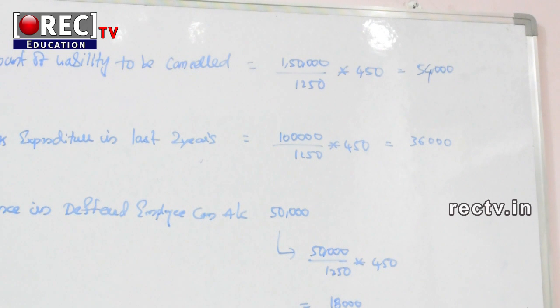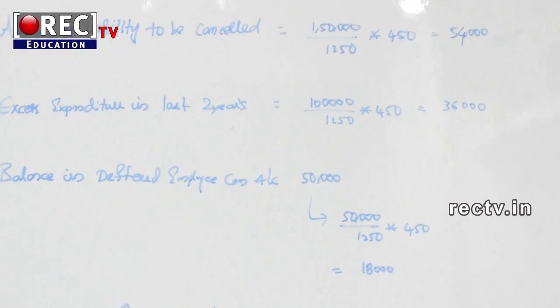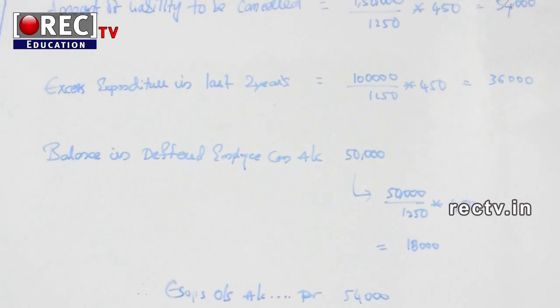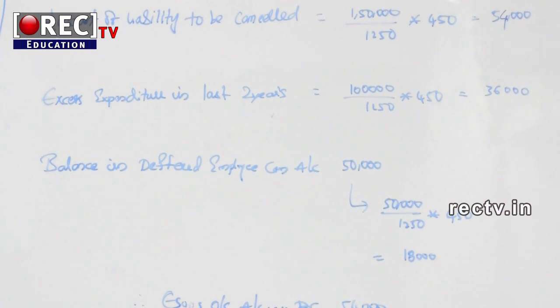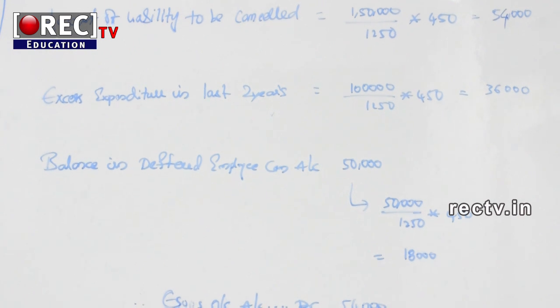So how will we compute it? The balance in the deferred employee compensation account is 50,000, that is 50,000 for 1250 options. Then what will be the amount for 450 options? It will be 18,000.